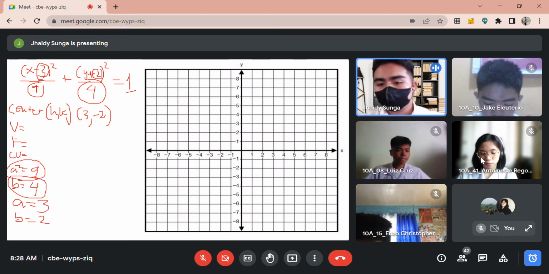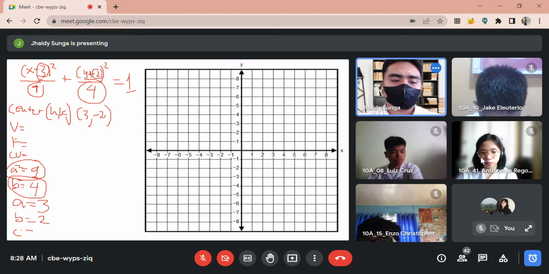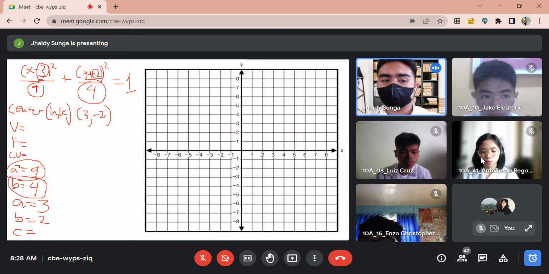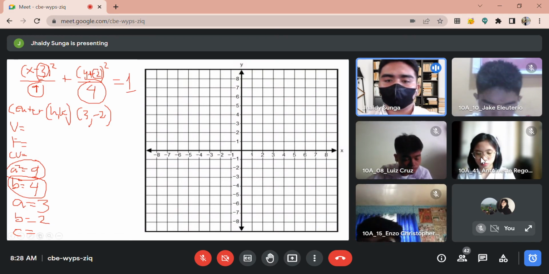In getting the A's and B's, we find the square root of both sides. Now, what's the value of C? We are repeating the examples, just that there is h and k. So let's go back and find the value of C.